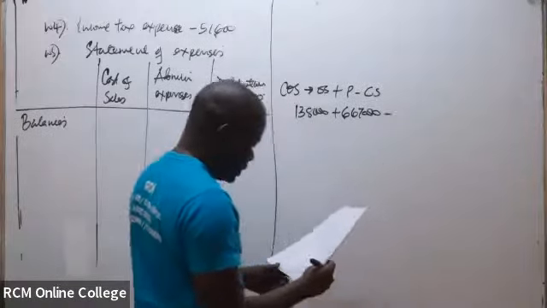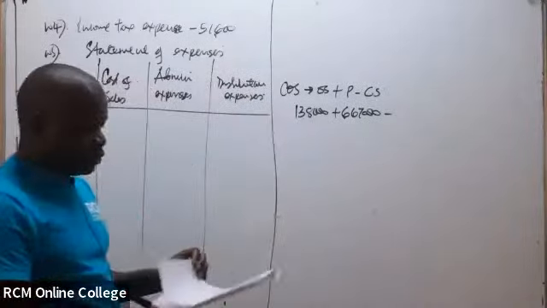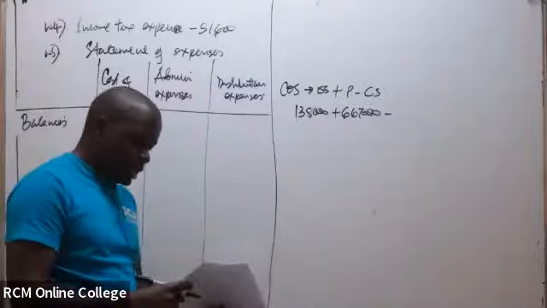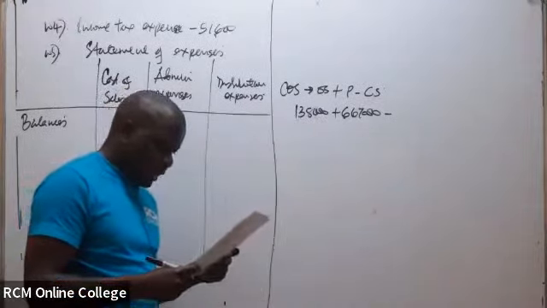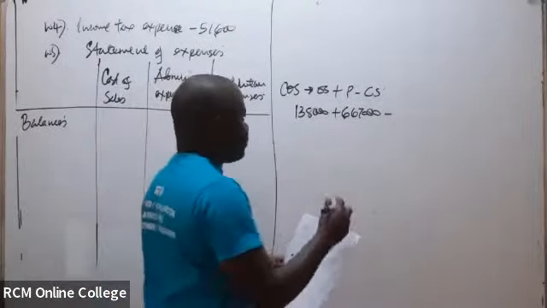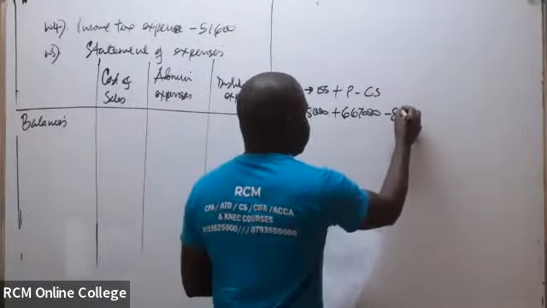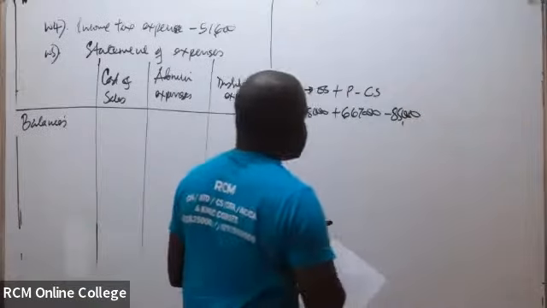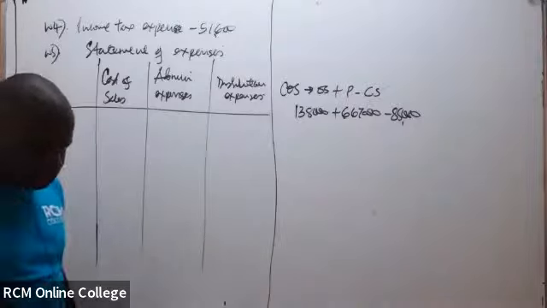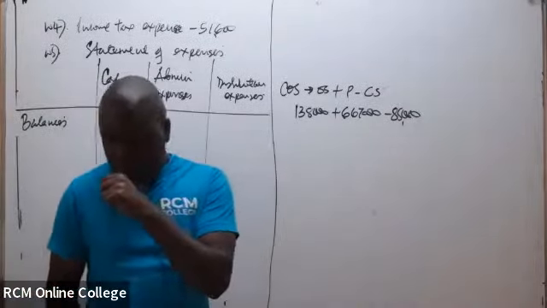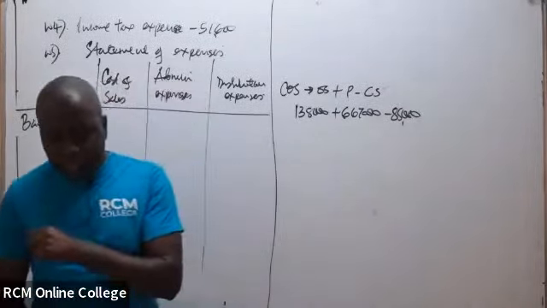Then we can less what you've been given as the closing inventory in additional information number 5, which is 85,000. So try to do the computation. What do you get when you do that computation?